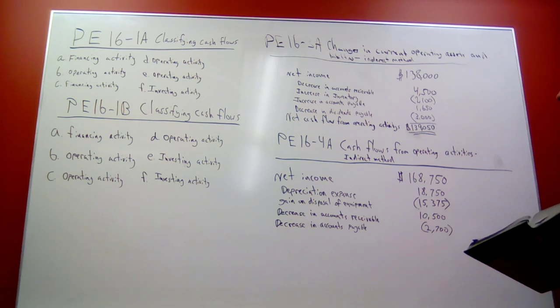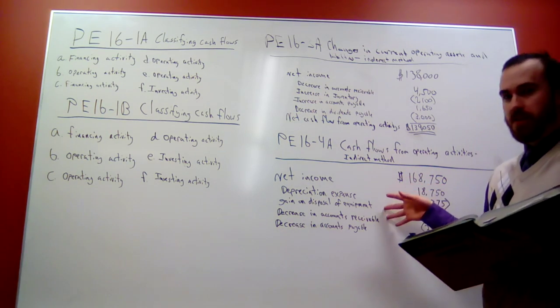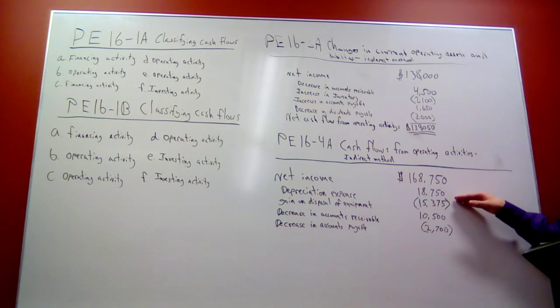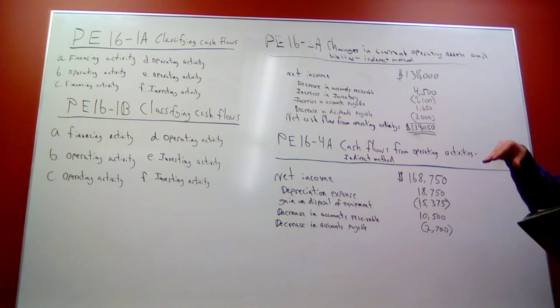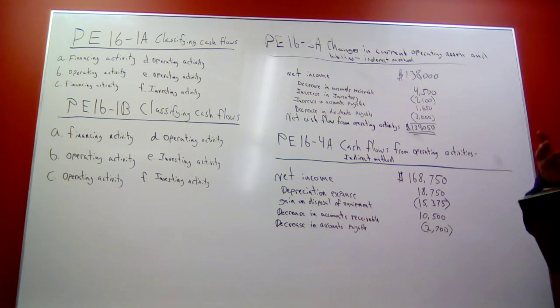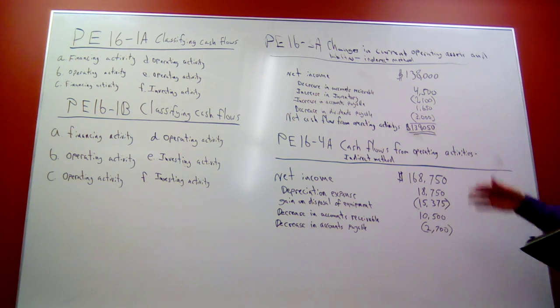So these are just short problems to explain the operating section, specifically how each one goes up and down in the exact opposite of what would make sense. So that's why it's hard at first, but then you get used to it.